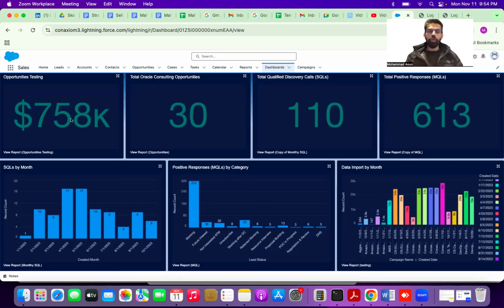Over the course of 2023 and 2024, I've been able to successfully serve these customers and convert them into $758,000 of actual revenue that we have billed against these customers that I closed.